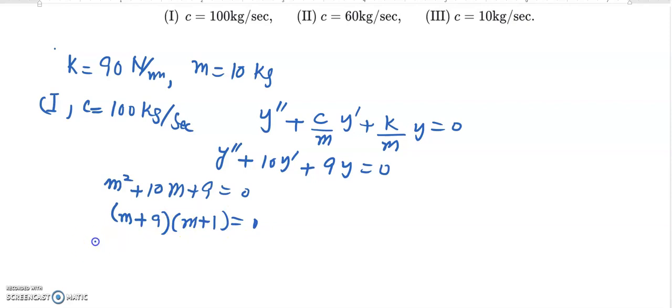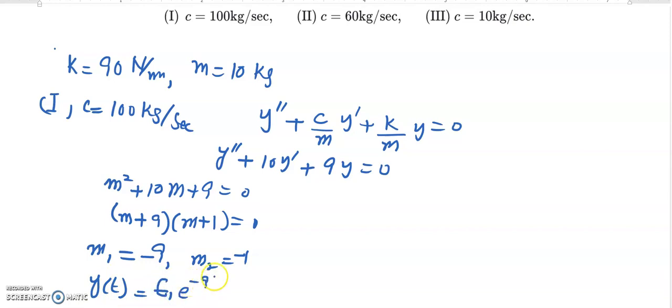So it has two distinct real roots, m1 equal to minus 9 and m2 equal to minus 1. So its solution will be c1 e power minus 9t plus c2 e power minus t.